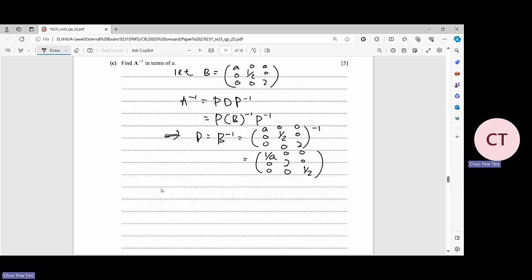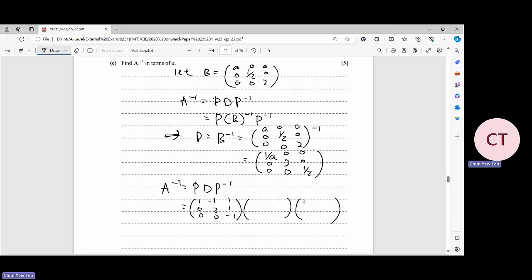Then after that, from this result, A inverse is equal to B D inverse B inverse. You can see that just write down the matrix for all of them. Your B is 1, 0, 0, -1, 2, 0, 1, 1, -1.